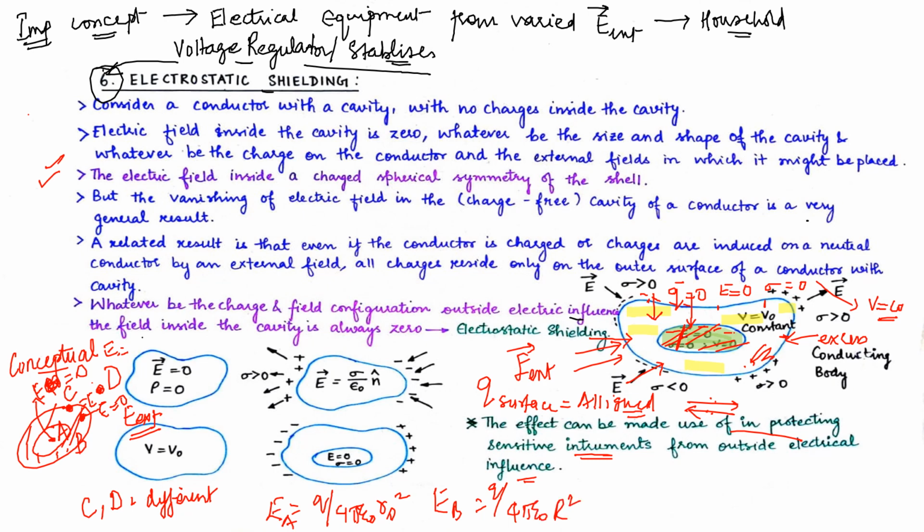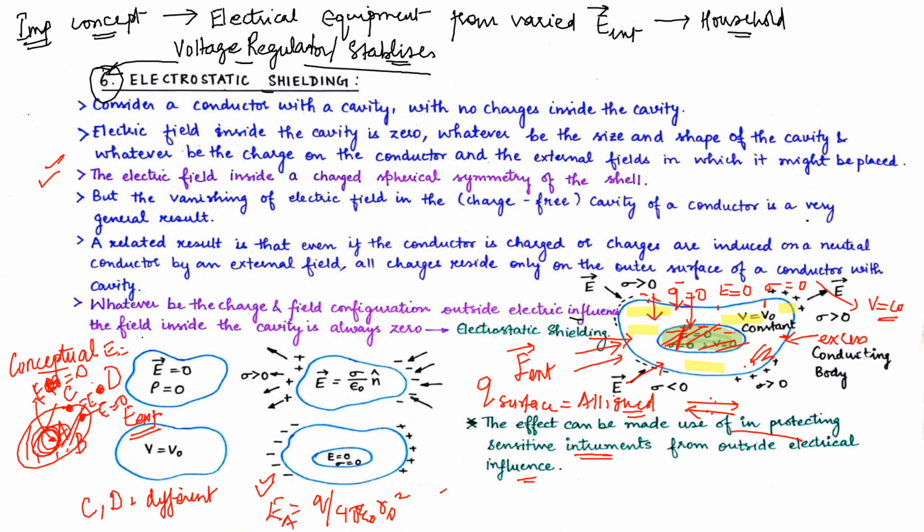Now you will think that this concept is from the previous section we read about electric fields, but no, this concept is from here. At point A, how can we have electric field when this is a concept from electrostatic shielding? So it is extremely important to know these concepts.